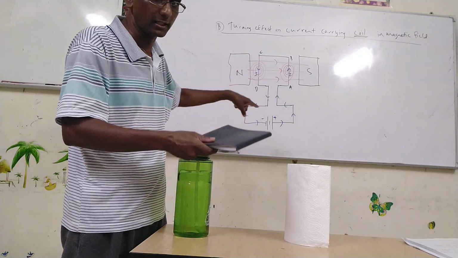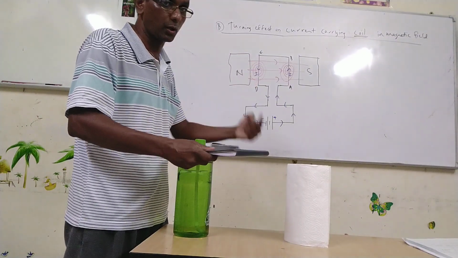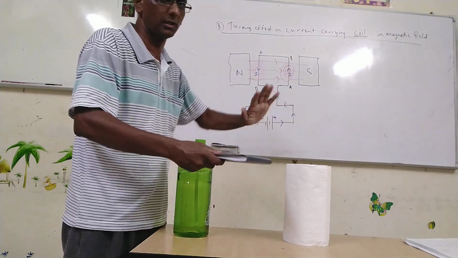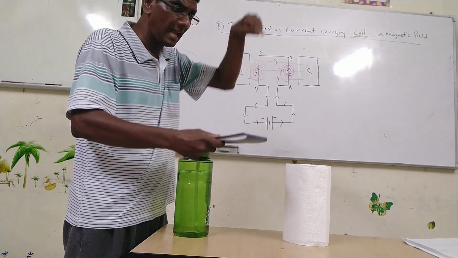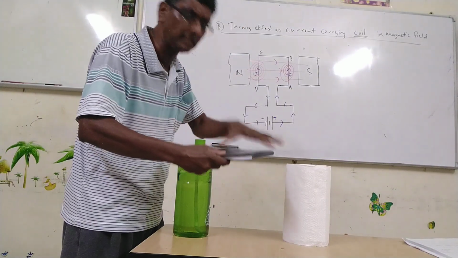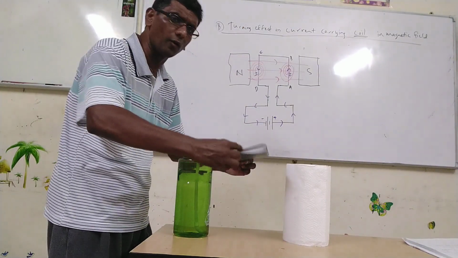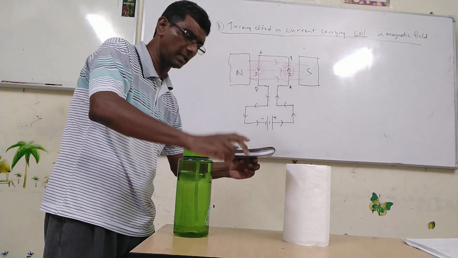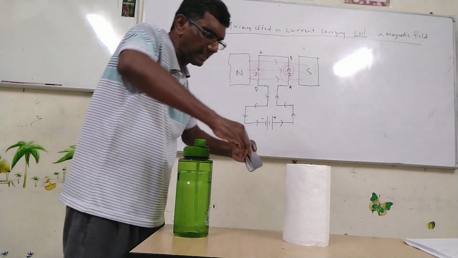Unlike the conductor we learned, where the force is either upwards or downwards, here the upward force and downward force act simultaneously. So this force downwards, this force upwards, and the coil turns like this.